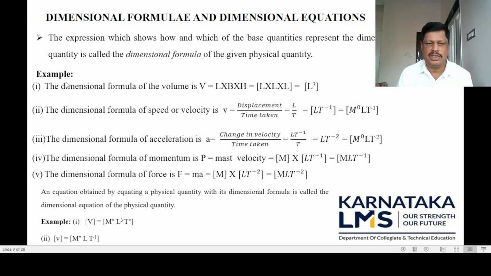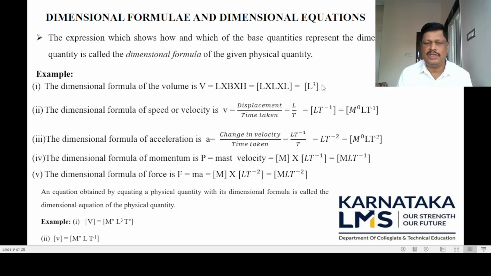You already know the example of a dimensional formula, that is, the dimensional formula of volume. V is equal to, so volume is defined as length into breadth into height. Length, breadth and height are each represented by L. So L into L into L gives L cube.